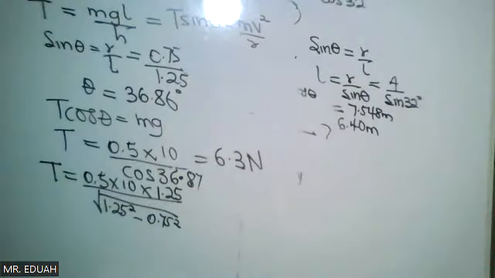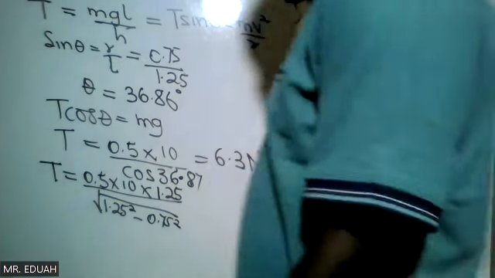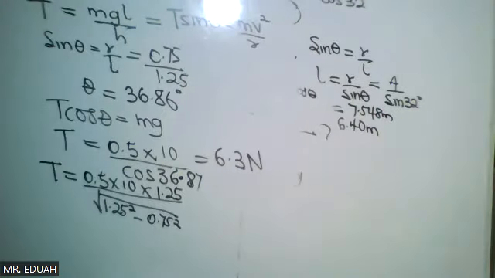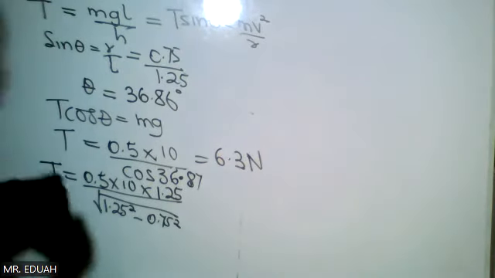Akosia: Mister, T cos theta is equal to mg, then you make cos theta equal to mg out of T. After you have that, can you put it in there, T is equal to mg out of cos theta? I don't even get your question. Come again? T cos theta is equal to mg.